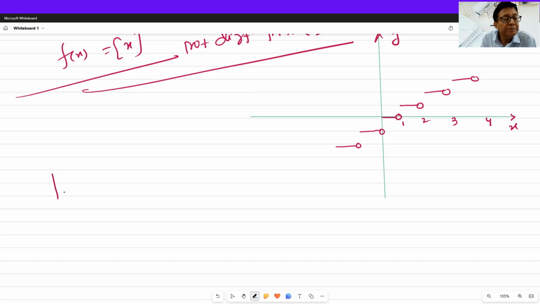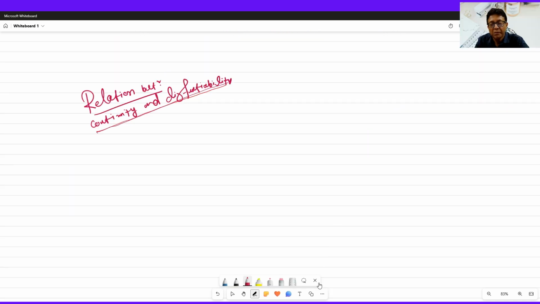Relation between continuity and differentiability. If a function is differentiable at a point, this will imply that the function is continuous there.